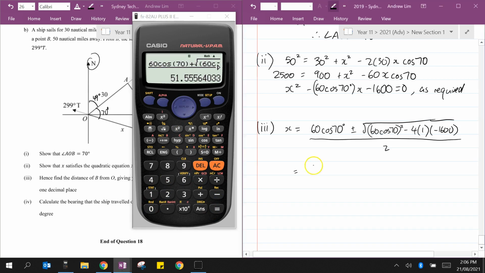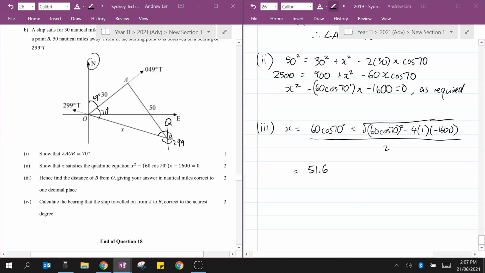51.6, and let me just make sure that the negative one doesn't work. Oh well, we can't have a negative distance, so it just has to be 51.6. So I'm just going to write that, and that's nautical miles.